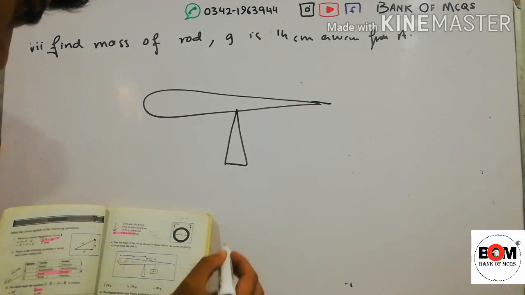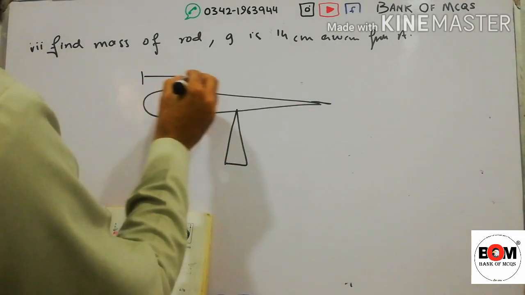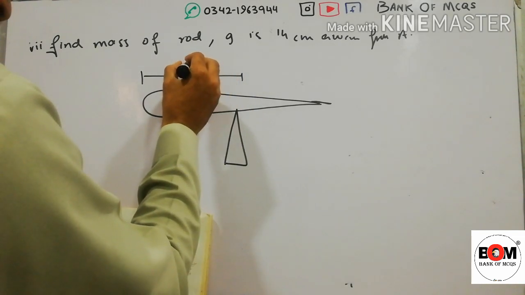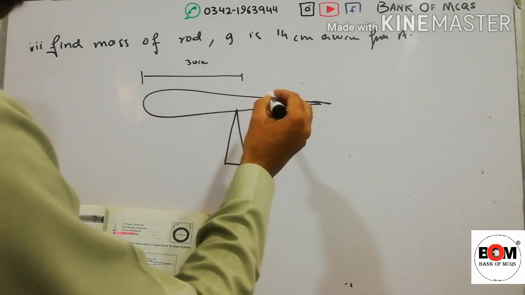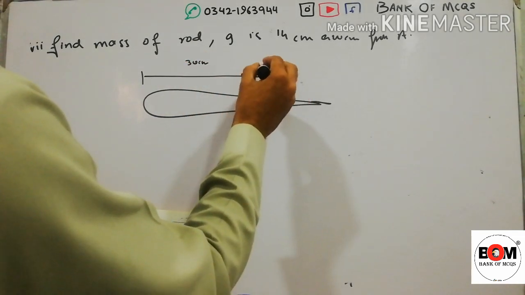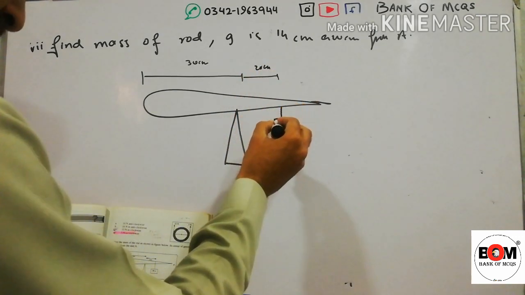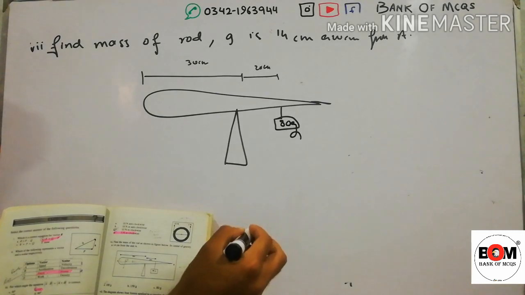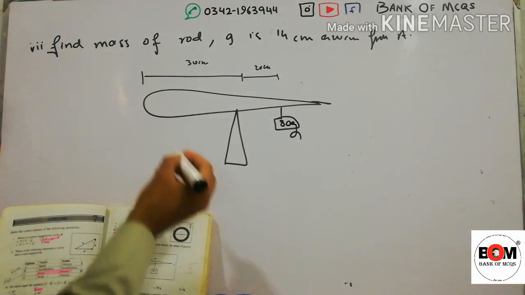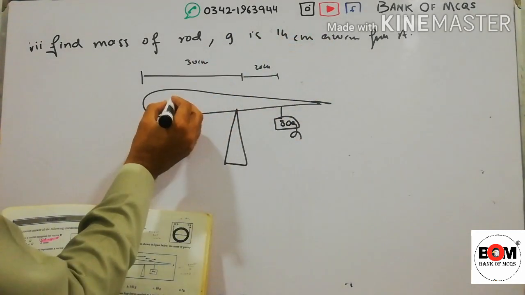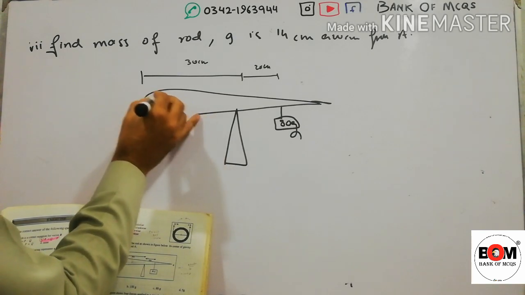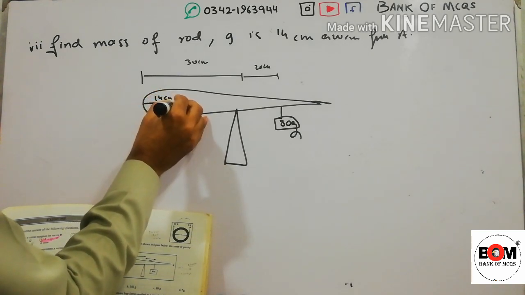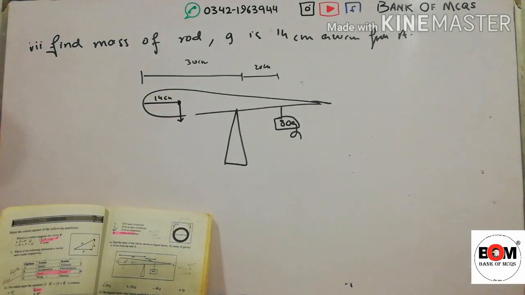Now this is 30 centimeter. From 20 centimeter we have added another mass of 80 gram, and G is at 14 centimeter, so G is 14 centimeter.